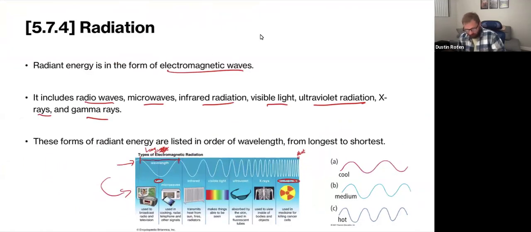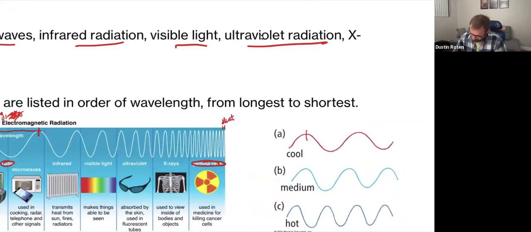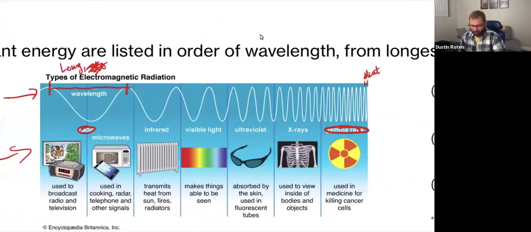Okay, so all of these forms of radiant energy are listed in order of wavelength, from longest to shortest. And it turns out the longer wavelengths, like this one, are related to a cooler temperature. Whereas shorter wavelengths are related to a hotter temperature.